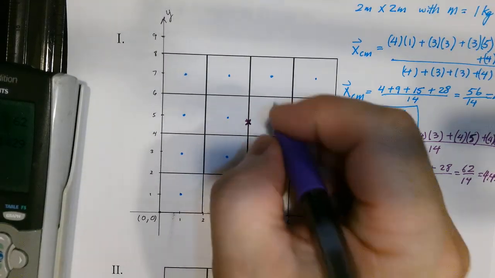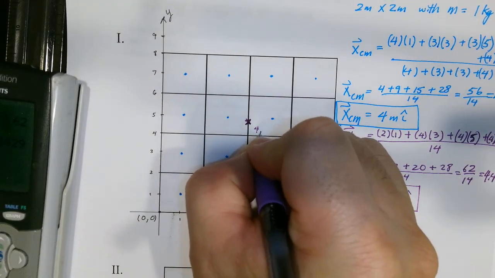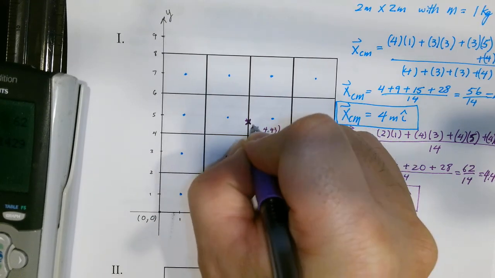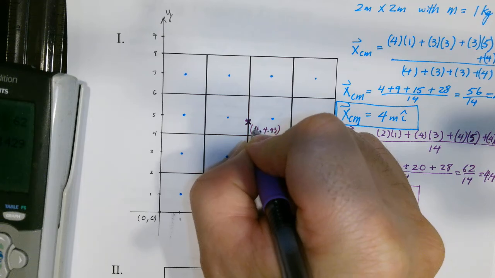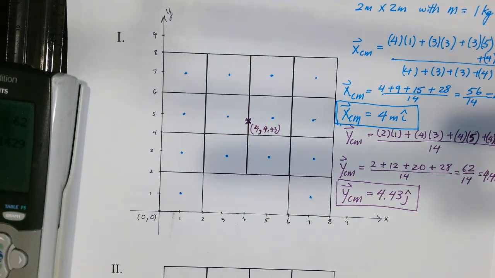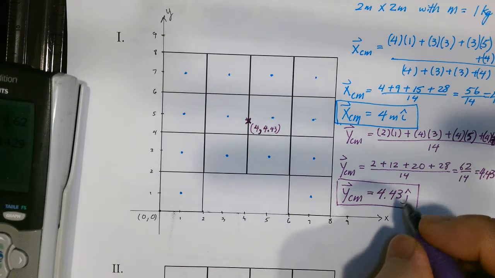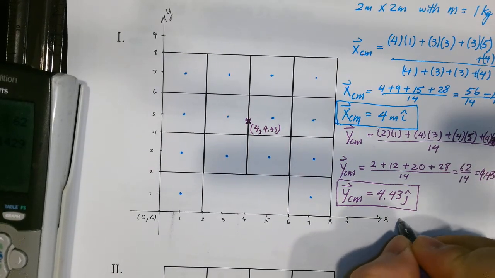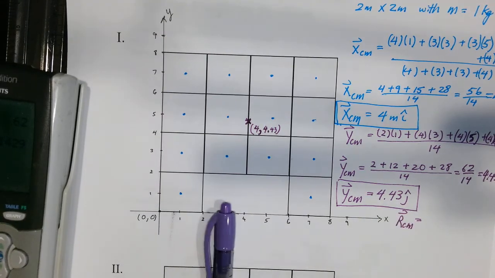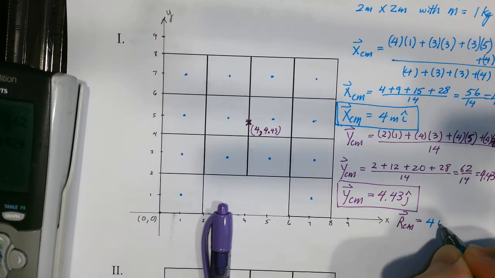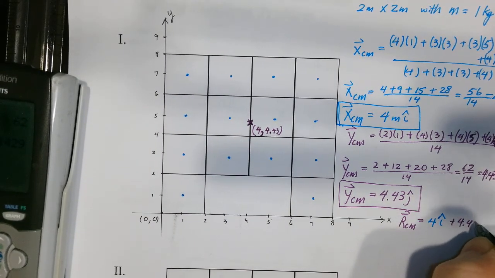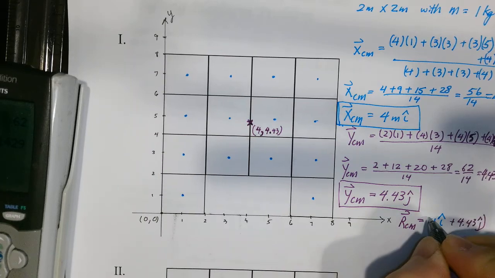This is 4 comma 4.43. So that's where my center of mass lies. My r sub cm is equal to 4 i hat plus 4.43 j hat meters.